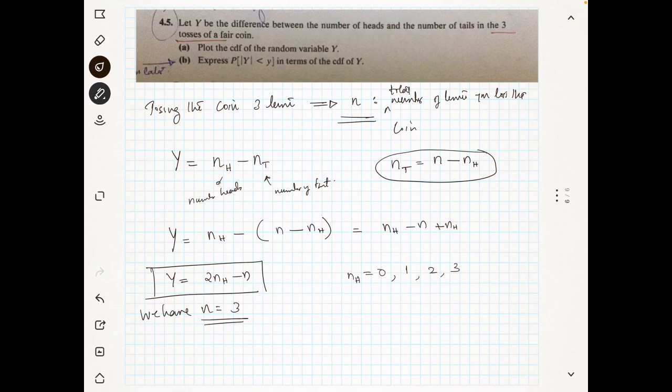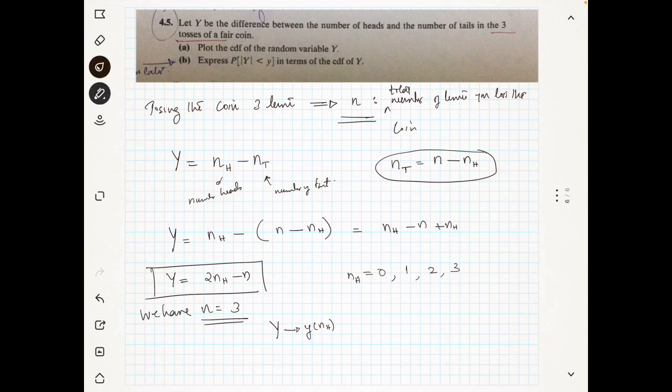So what is our random variable y, and what will be its value? Our random variable y takes values which are a function of nh, because it depends upon the number of heads. Y is a function of nh.